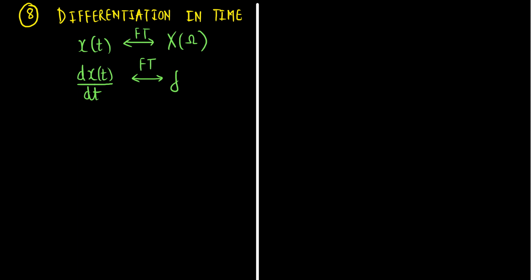So this differentiation property says that if I have a signal x of t whose Fourier transform is given by X of omega, then the Fourier transform of the derivative of x of t is going to be j times omega times X of omega. This can be easily proved from again the definition of Fourier transform. By differentiating both sides of the synthesis equation, we can directly obtain this property.